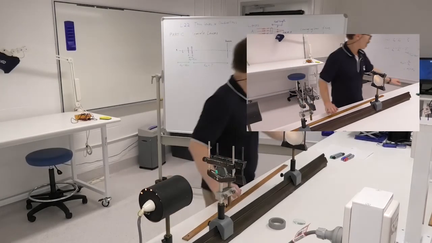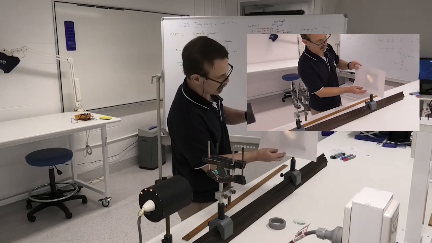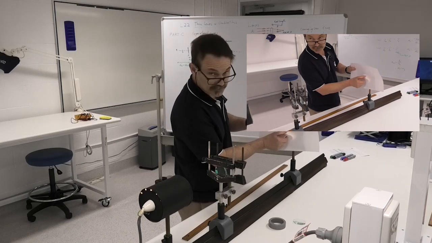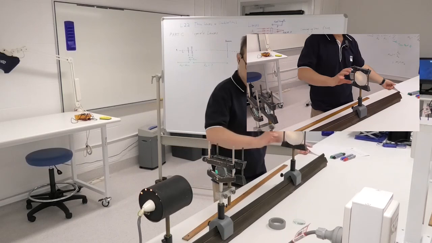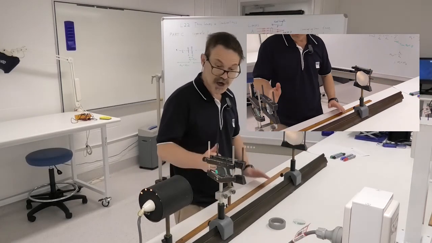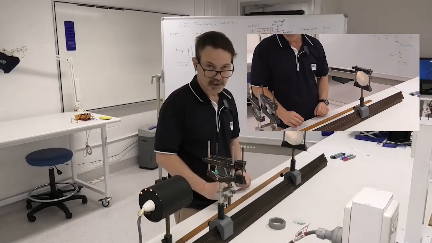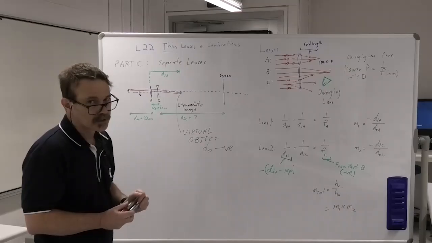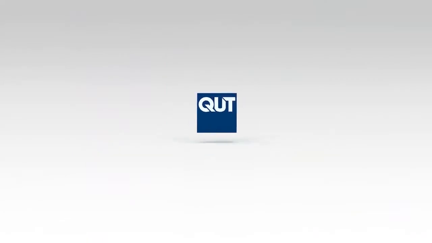Now measure the height of the image, again using paper if you need, or measuring several divisions on the mesh compared to several divisions on the mesh back there to find the magnification of that image. We're going to check this distance and the magnification using the formula. Good luck with L22.